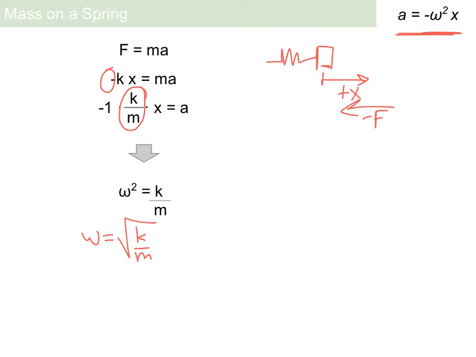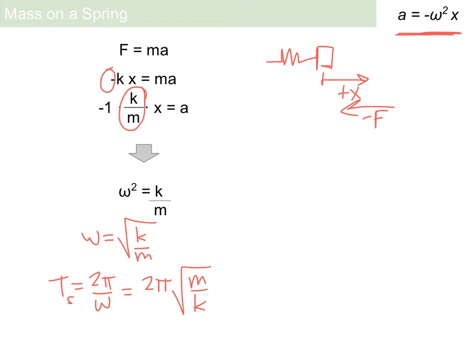Remember that on our formula sheet, this is actually written in terms of period, but since period is 2 pi over omega, I would just take 2 pi times the reciprocal, and that's where we get our formula for the period of a mass on a spring.